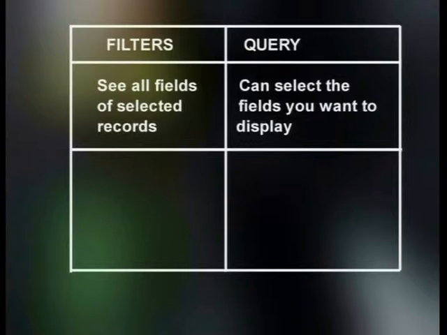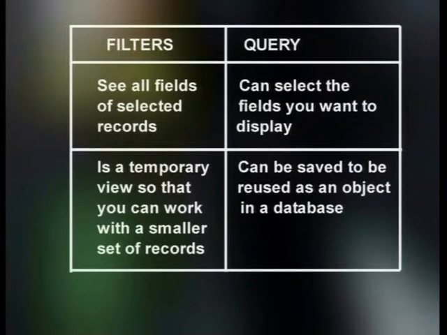In a query, you can select the fields you want to display, but in a filter, you always see all the fields in the selected records. Queries can be saved to reuse as an object in the database, whereas filters are tools to temporarily view or edit a subset of records while you're in a form or datasheet.